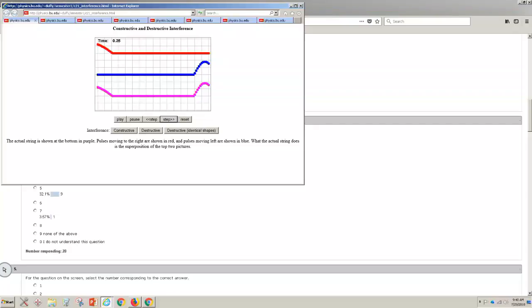But the bottom picture, the last one, represents what we would see on that actual wave. So two pulses approaching each other. Of course, right now, the actual profile is literally just the sum of two profiles. But what's going to happen when they start overlapping, or we say interfering?